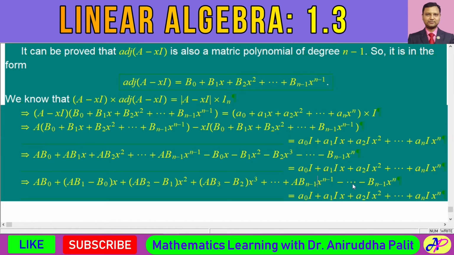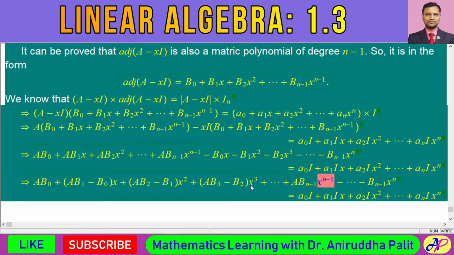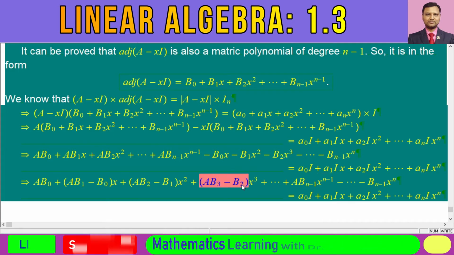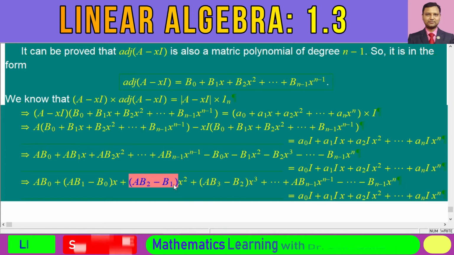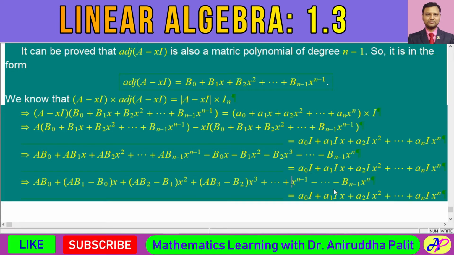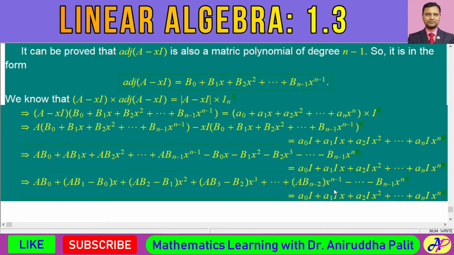If we continue in this fashion, then ultimately what would be the coefficient of x to the power of n? You see, you can observe a pattern over here, a into b3 minus b2. So over here, a into b2 minus b1. So what would be the coefficient of x to the power of n minus 1? It will follow this same pattern, a into b n minus 1, sorry, minus b n minus 2.